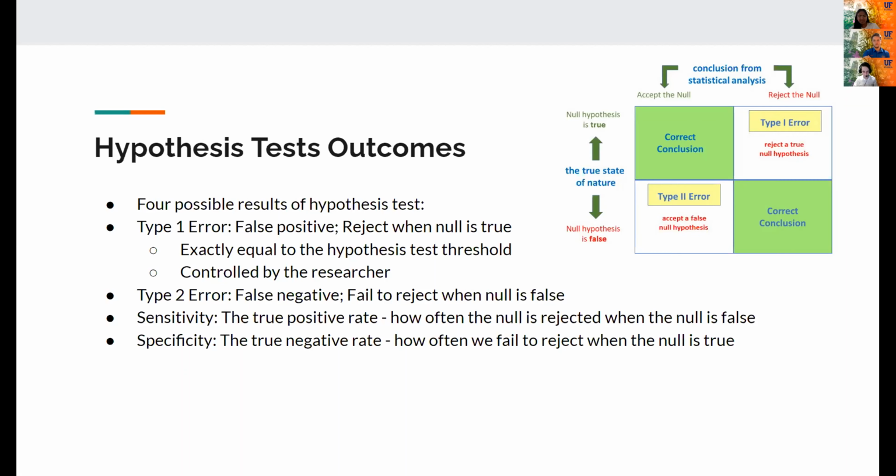Specificity is the opposite, looking at the true negative rate: how often we fail to reject the null when the null is actually true. So how many times are you correctly finding out through your hypothesis test that this is indeed negative? That is the difference between sensitivity and specificity. And so these are the 4 possible types of results that could come out of a hypothesis test that you should always be aware of.